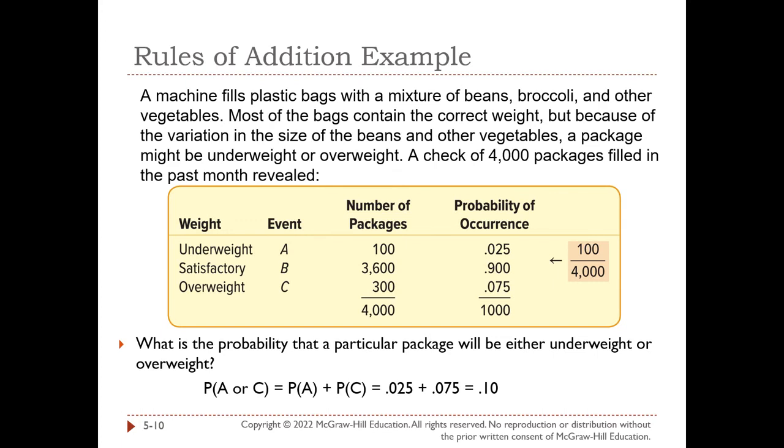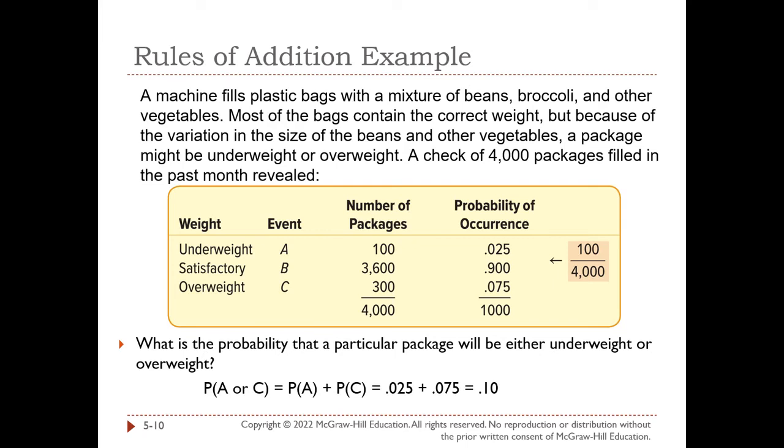So let's bring in an example. Of course, we're going to have practice problems. A machine fills plastic bags with a mixture of beans, broccoli, and other vegetables. Most of the bags contain the correct weight.